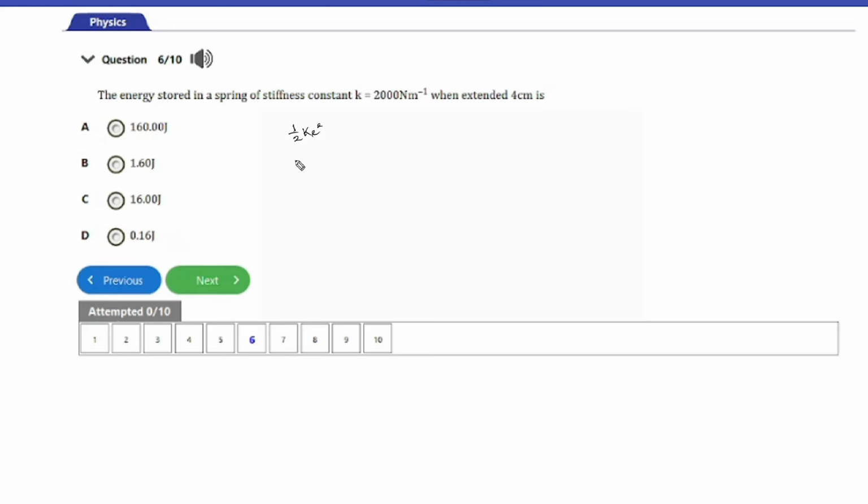So in this situation, we are going to have 2000 times 0.04 squared. This is in cm, so converting it to meters, that's 0.04 squared, and then this over 2. When we do that, we're going to have 1.6 joules, and that's option B here. So let's go ahead and consider the next question, guys.